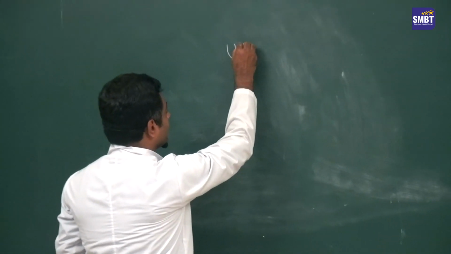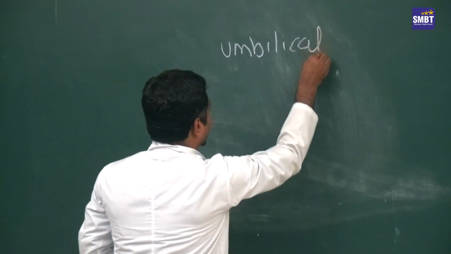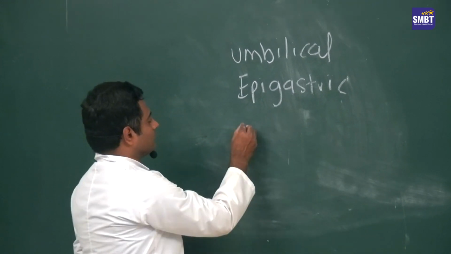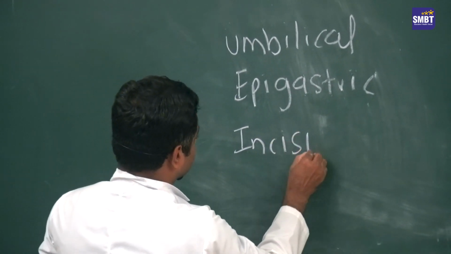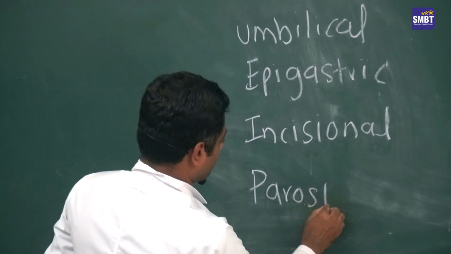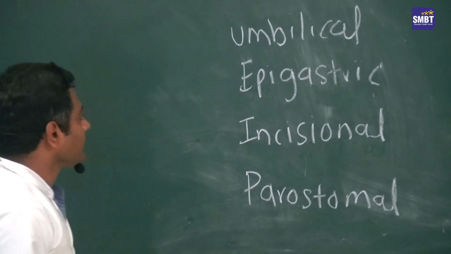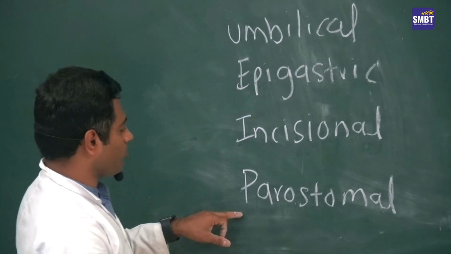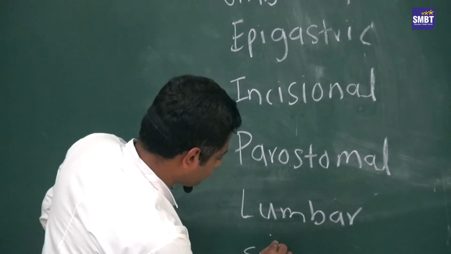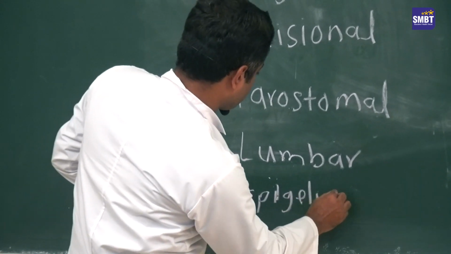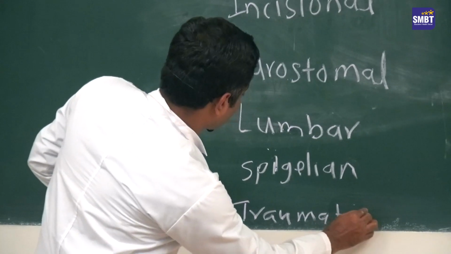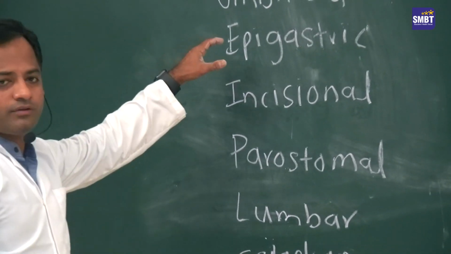It comprises umbilical hernia, epigastric hernia, incisional hernia, parastomal hernia, lumbar hernia, Spigelian hernia, and traumatic hernia. Okay, so these are a few ventral hernias.